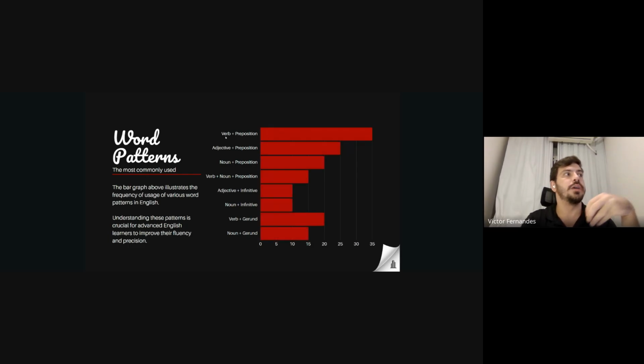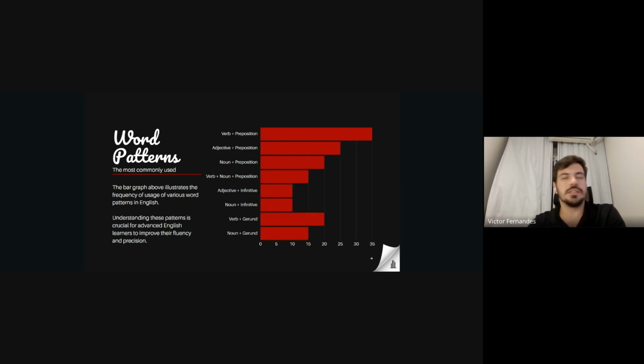We have verb and preposition, adjective and preposition, lots of prepositions, but some of them are with nouns, verbs, and nouns. Others may go with an infinitive, with an adjective, or infinitive plus a noun. Or you could go with a gerund plus a verb or a noun.